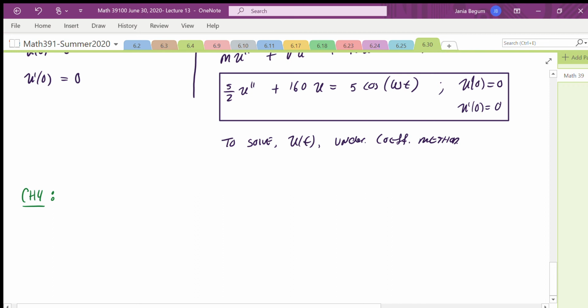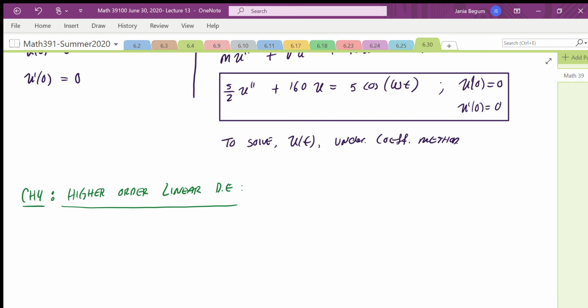The title for chapter 4 is higher order linear differential equations. So now we're moving on to orders that are greater than 2. We know how to solve first order, that was chapter 2. We did second order, that was chapter 3. And now in chapter 4, we're going to do higher order.